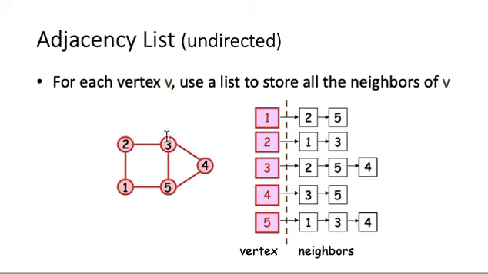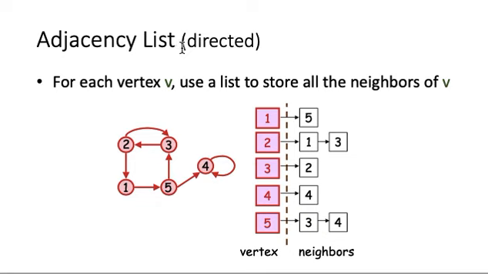Vertex 3 has 2, 5, and 4 as its neighbors, so the linked list for vertex 3 will contain 2, 5, and 4. This represents just the neighbor relationship, so it doesn't matter in what order the neighbors are present in the list. It could be in any order.